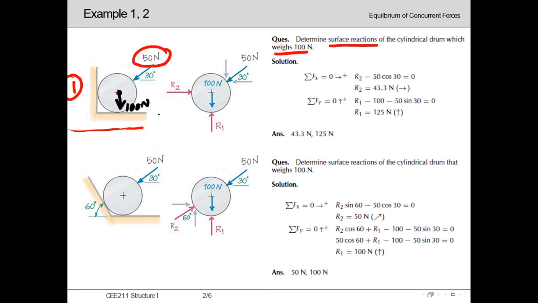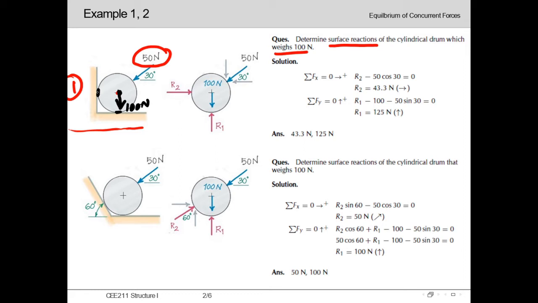As the drum is being placed right at the corner of a wall, it will have a contact surface with this wall. This contact surface is this one and this one, and we know that a reaction force will arise right at the point of contact surface.